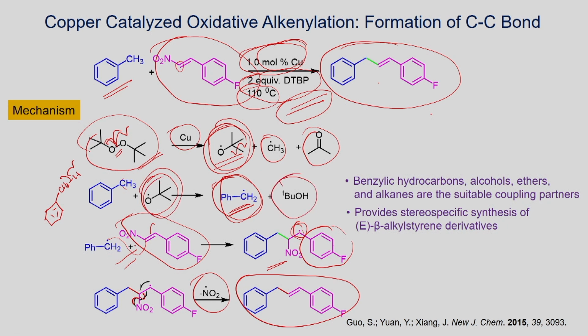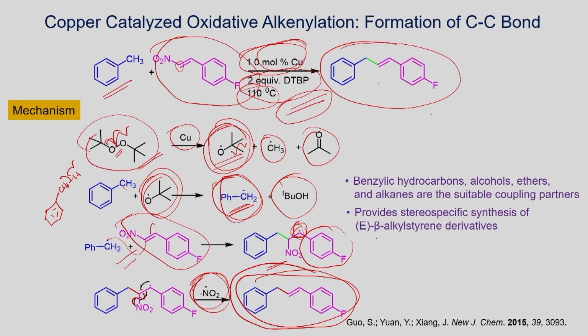This radical can readily undergo reaction with alkene to give the benzyl radical. Once you have the benzyl radical, it can convert into this alkene derivative by homolytic cleavage of this carbon-nitrogen bond, which leads to the formation of NO2 radical.